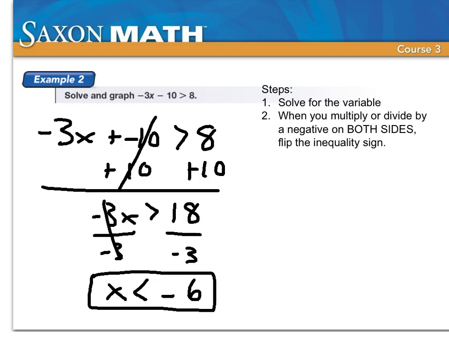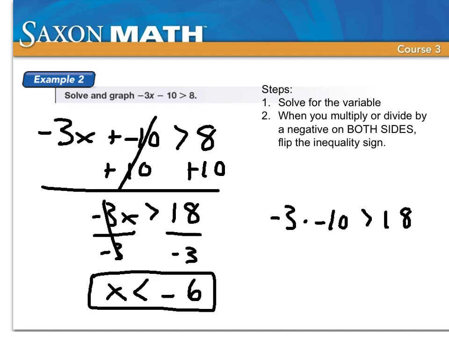Okay, so when this number that's attached to the x is a negative, we're going to have to end up flipping this sign around at the end. Okay, so numbers that will make this true are numbers that are less than -6. Okay, now we can test that theory by checking this. If I pick a number that's less than -6, let's say like -10, and I plug it in for x, -3 times -10, we want to know, is that greater than 18?